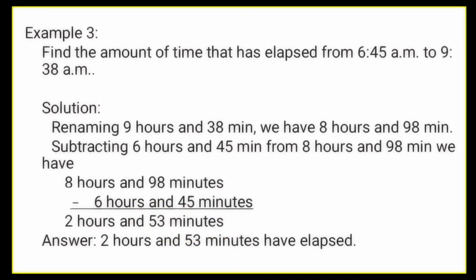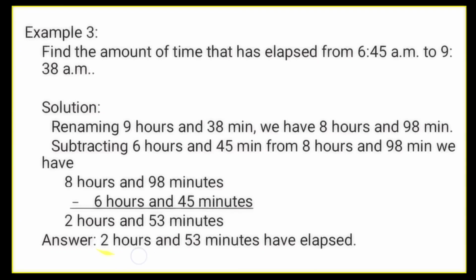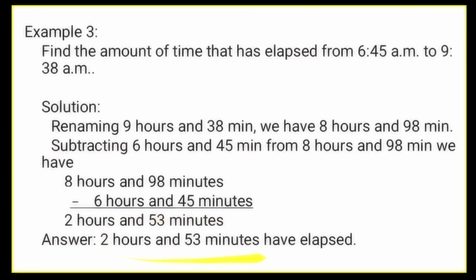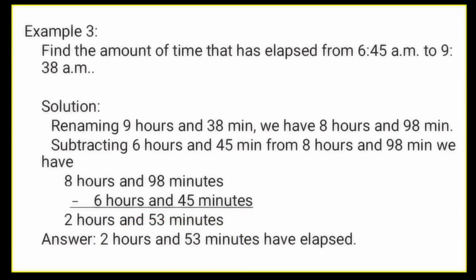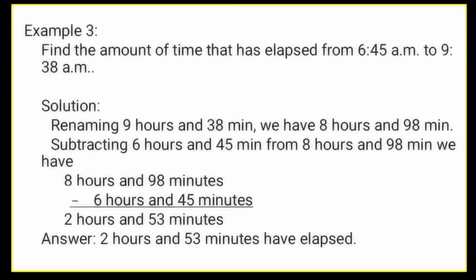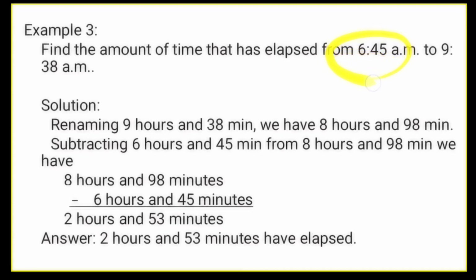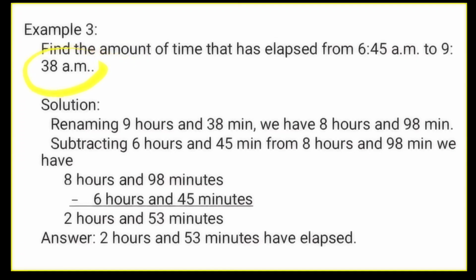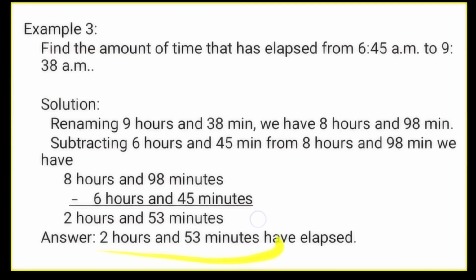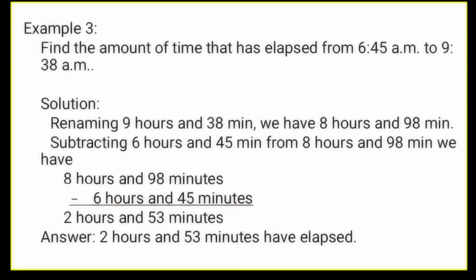Therefore, our answer is 2 hours and 53 minutes have elapsed. So the elapsed time from 6:45 a.m. to 9:38 a.m. is 2 hours and 53 minutes.